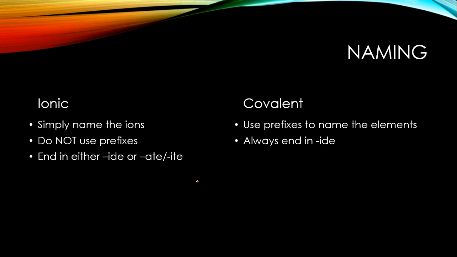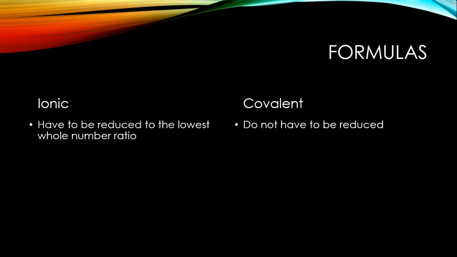To go further with the naming, for ionic, you're simply going to name the ions. You do not use prefixes, and they're going to end in IDE if it's an element off the table, or ATE or IDE if you have a polyatomic ion. For covalents, we're going to use the prefixes, and they're always going to end in IDE. For the formulas, ionic has to be reduced to the lowest whole number ratio.